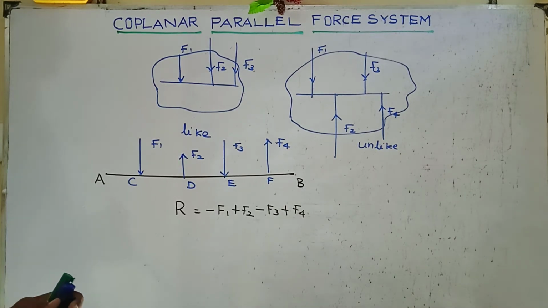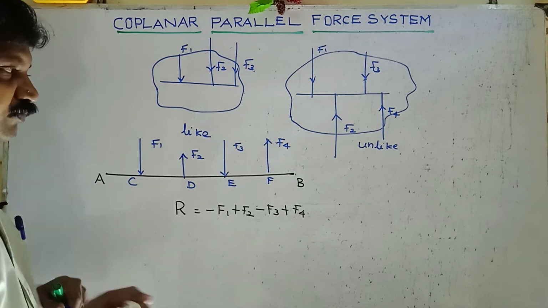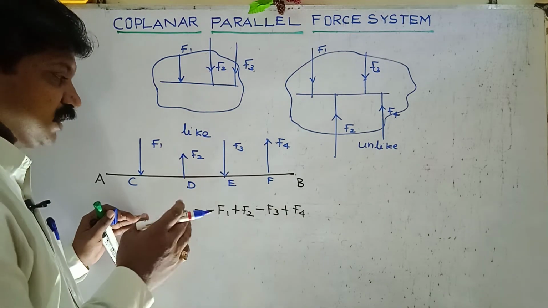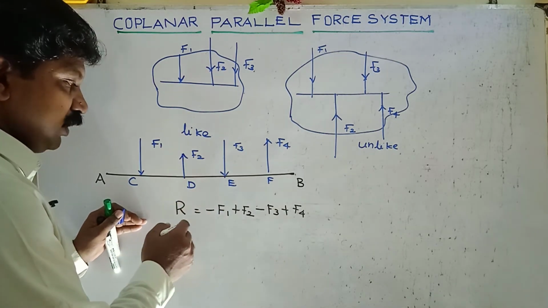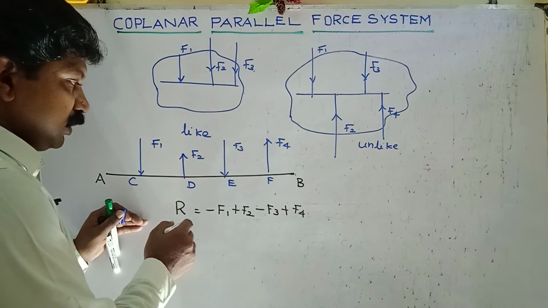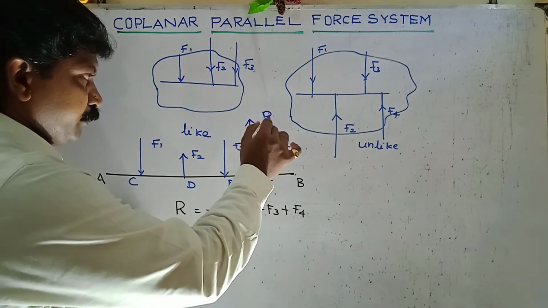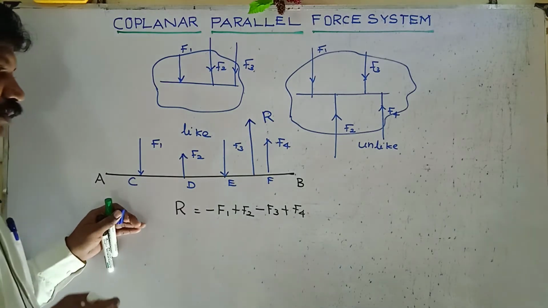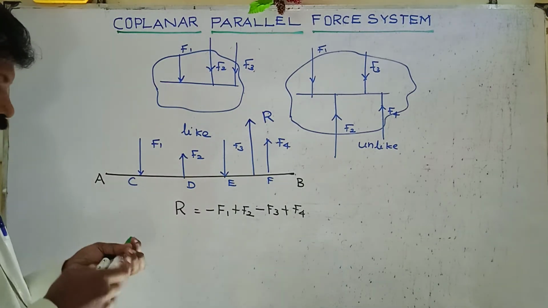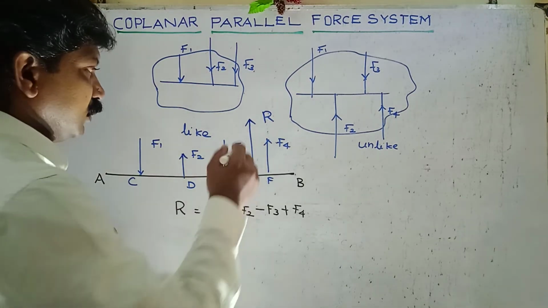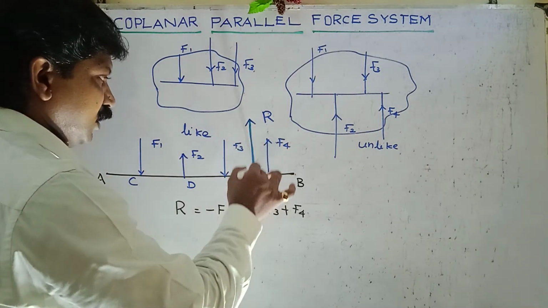How to find the position of the resultant on AB? Moment of the resultant of all the forces. Take this R direction in this direction. Resultant R in this direction.